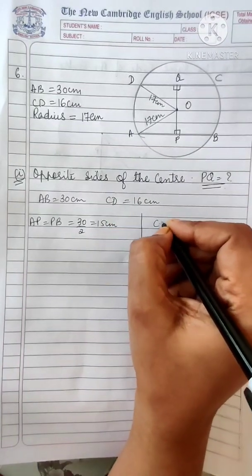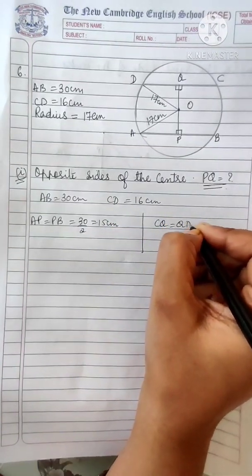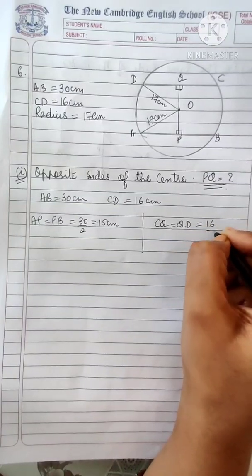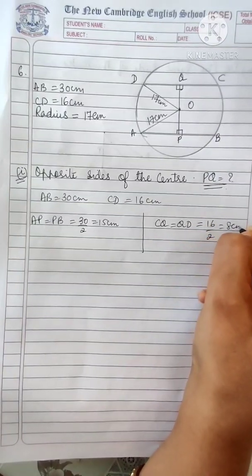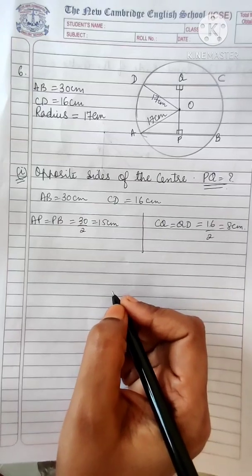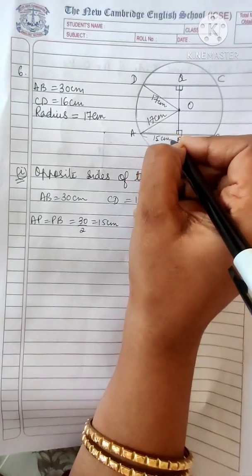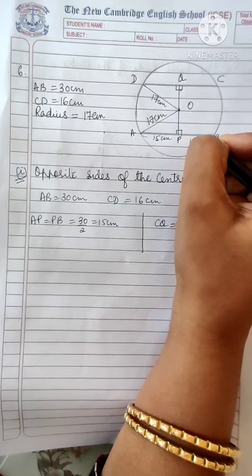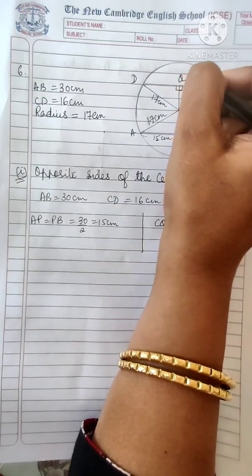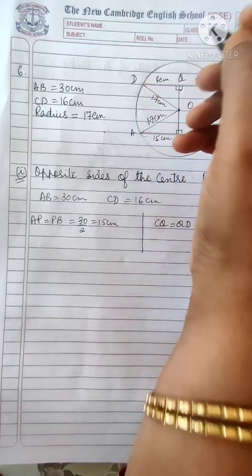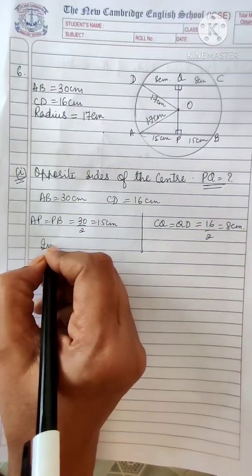Similarly here CQ will be equal to QD, which is 16 by 2, equal to 8 centimeter. So this is 15, this is 15, 8 and 8. Now we have two right angle triangles.